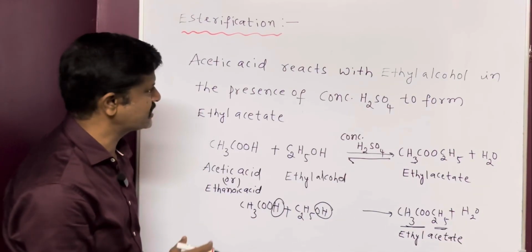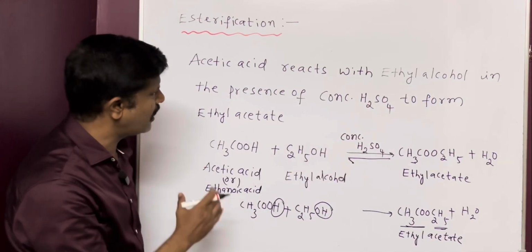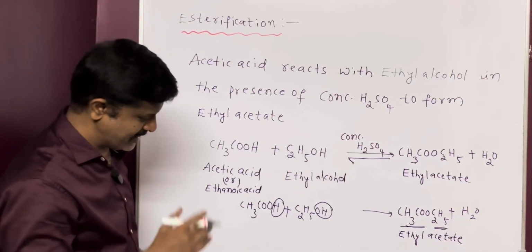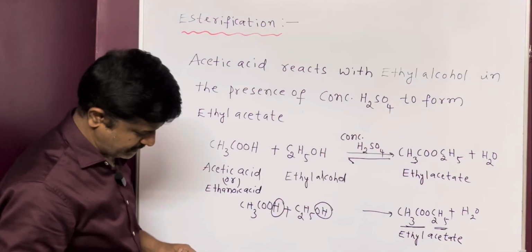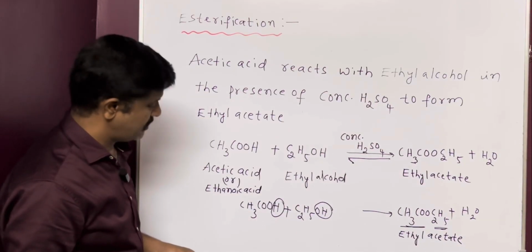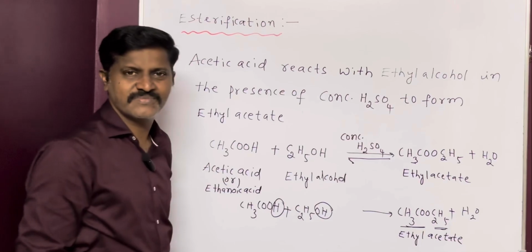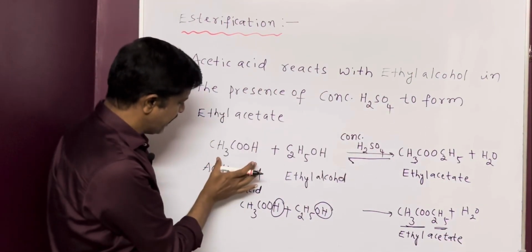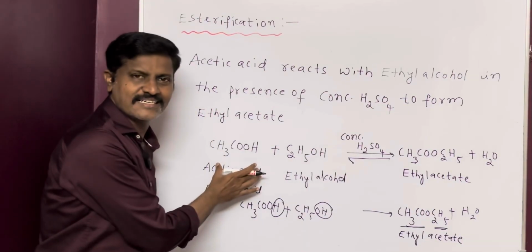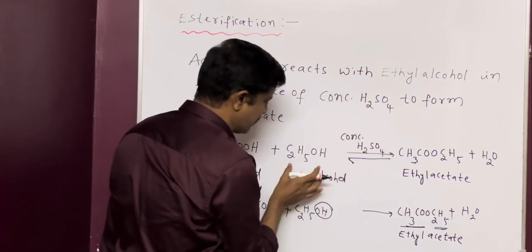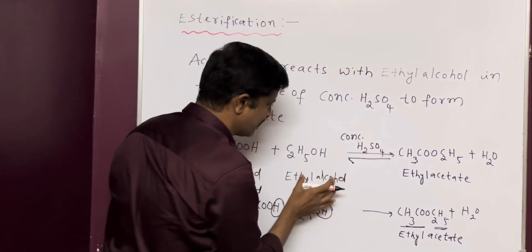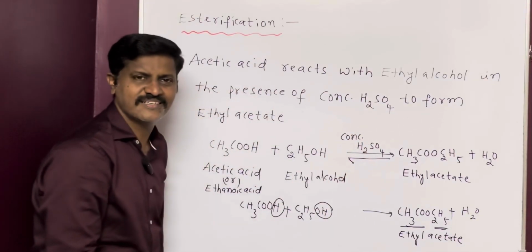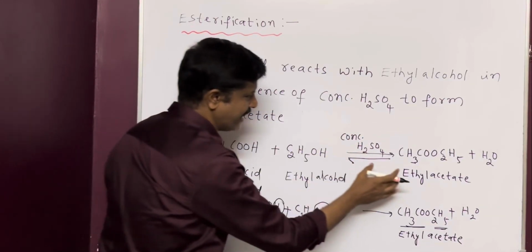Now this is called esterification reaction. Clear? Very simple reaction. Acetic acid reacts with ethyl alcohol in the presence of concentrated sulfuric acid to form ethyl acetate.